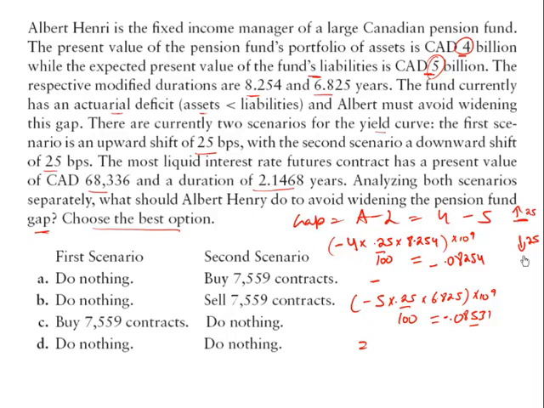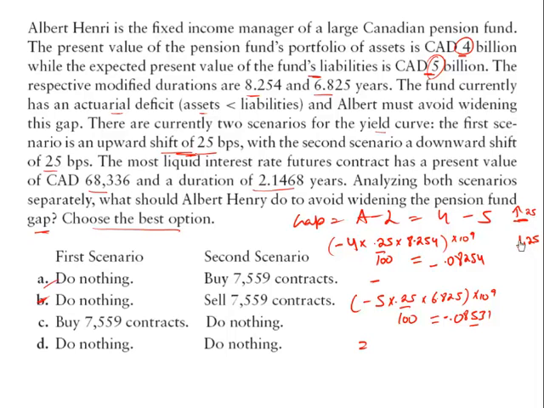So in a decrease of interest rates, assets would have gone up by only $0.08254 billion, whereas liabilities would have gone up by $0.08531 billion. That is, the gap would have further widened as liabilities would have gone up more than what the assets would have gone up. So if interest rates are going up by 25 basis points, the first scenario, an upward shift, we need to do nothing because interest rates going up is helping us.